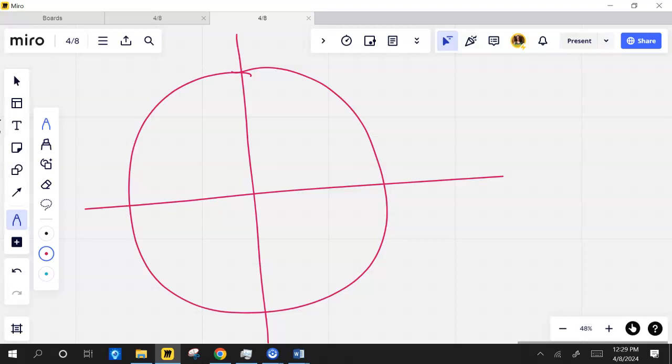If I went from here to here, that angle would be 90 degrees. Straight across is 180, and if I clicked around again, this would be 270. And then 0 degrees or 360.